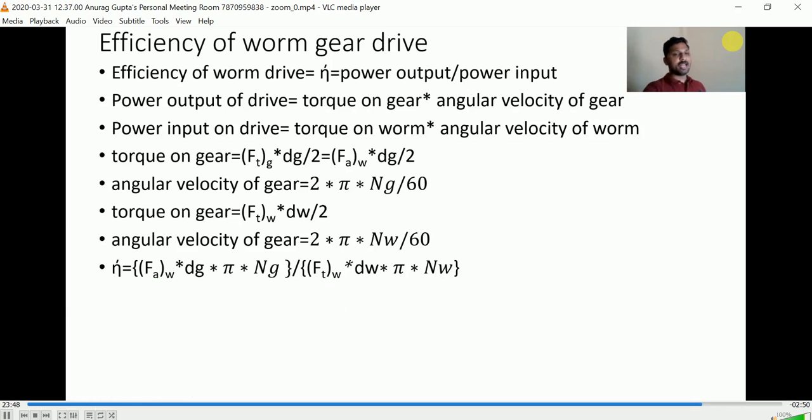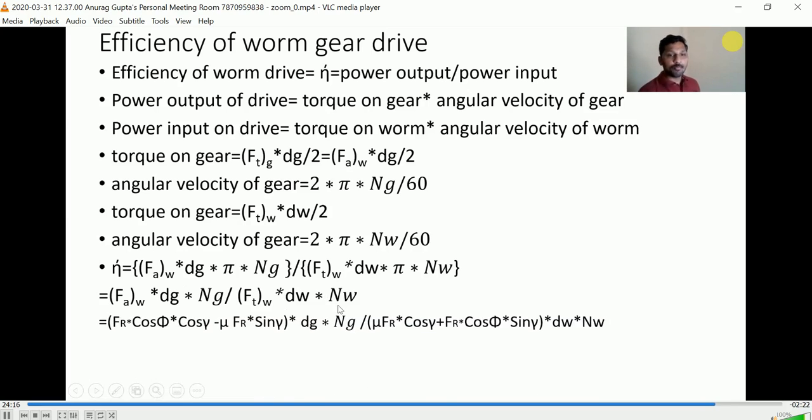Okay, so we have this equation. Now we have to simplify it. It will come out as FAW into DG into NG divided by FTW into DW into NW, where DG is the diameter of the gear, NG is the RPM of the gear, DW is the pitch diameter of the worm, and NW is the RPM of the worm.